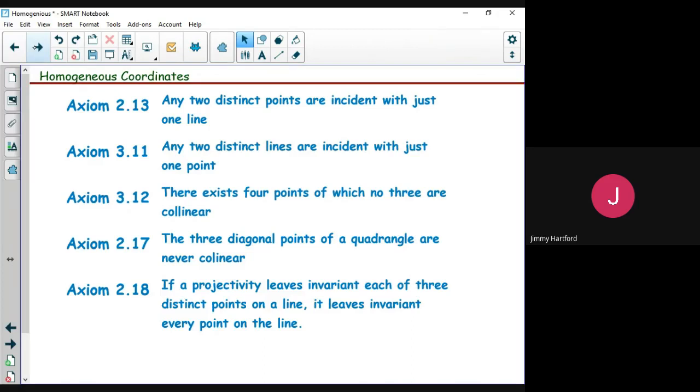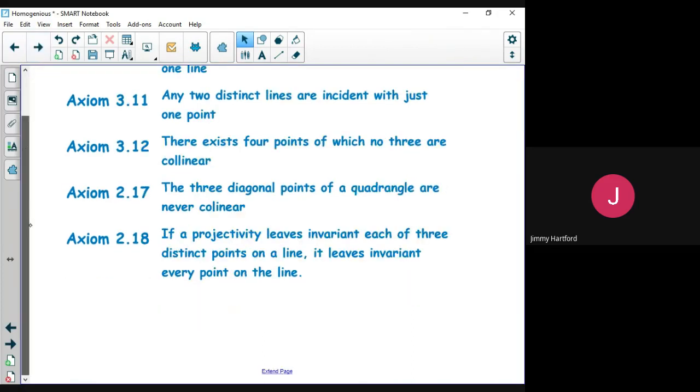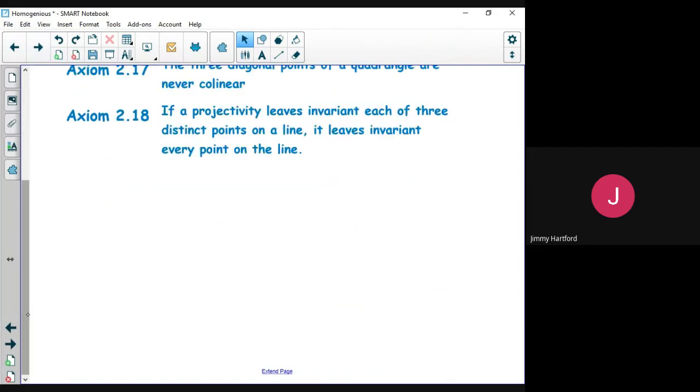So that gives us those 4 axioms. For the 5th one, we're going to exploit the fact that if everything's on the same line, then their inner product is going to be 0.